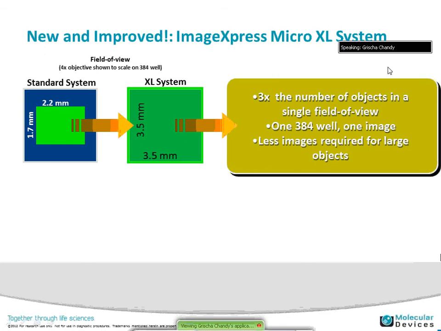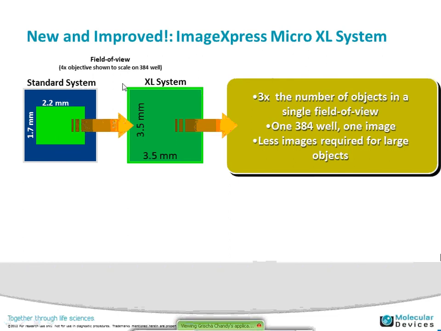We've had the ImageXpress Micro XL system on the market for a little over a year, so it's somewhat new. Just to remind people that most standard imaging systems would have a smaller field of view, which is depicted on the left. The green box is the field of view of a standard imaging system on a representative 384-well plate.